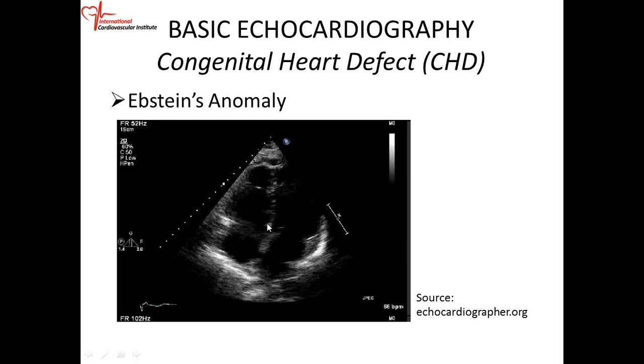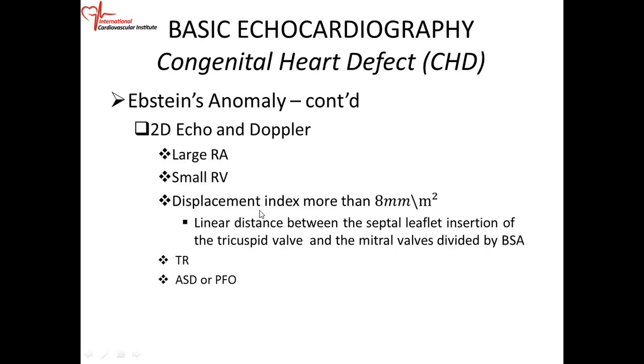We're going to talk about a displacement index later on. If they want to be a little bit cruel, they'll put that on the exam. So you have a large right atrium, a small right ventricle, and a displacement index of more than 8 millimeters per meter squared.